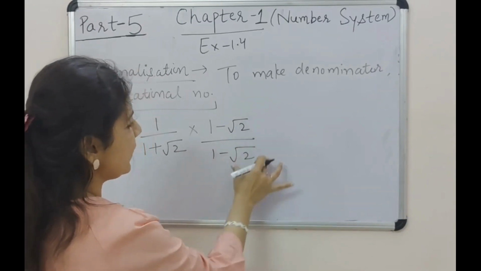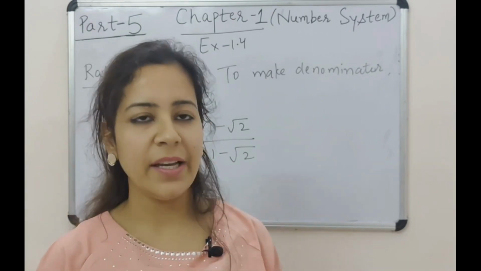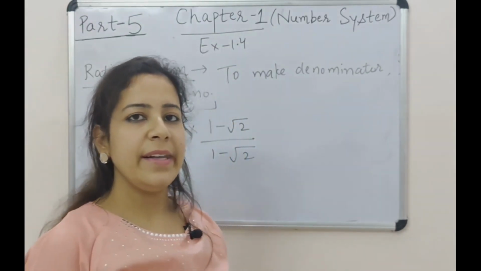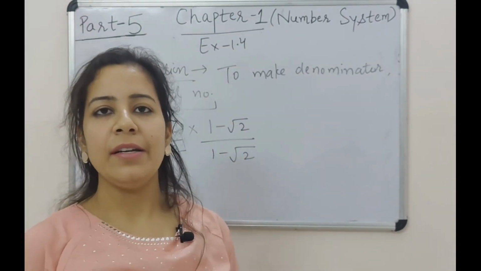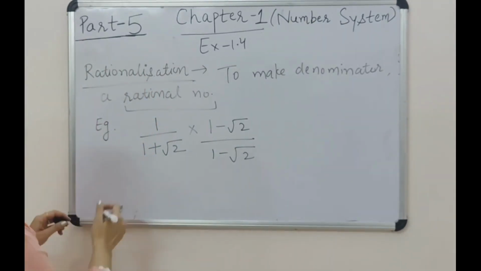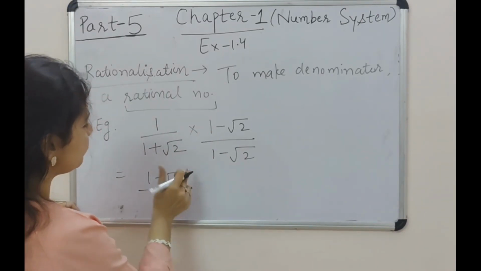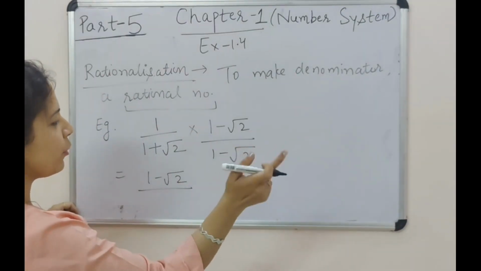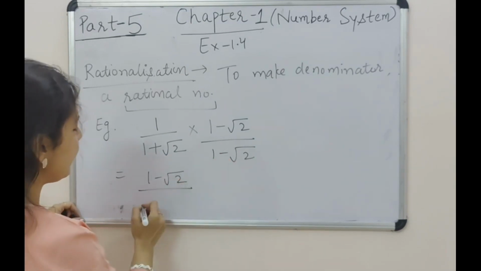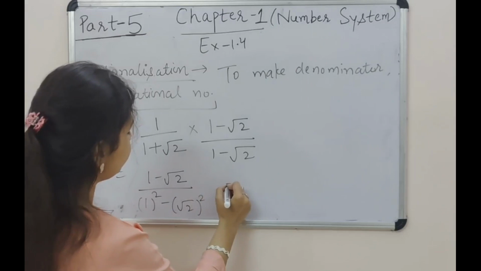Basically we are multiplying and dividing this given expression with the same value. I have told you before, if you are multiplying and dividing any value with the same factor, the original value remains as it is. Alright, so what is happening? 1 into this remains the same value. Here you can apply that same property, a plus b into a minus b, which becomes a square minus b square.